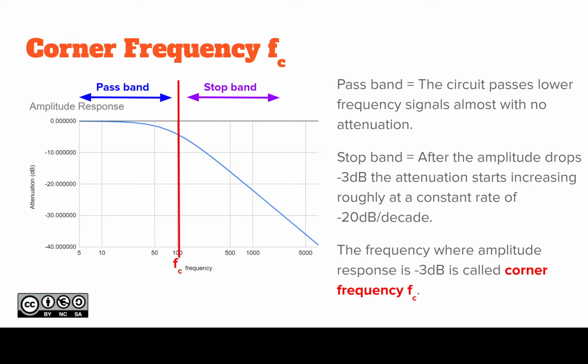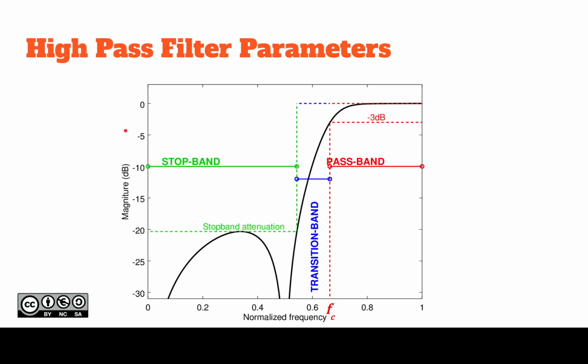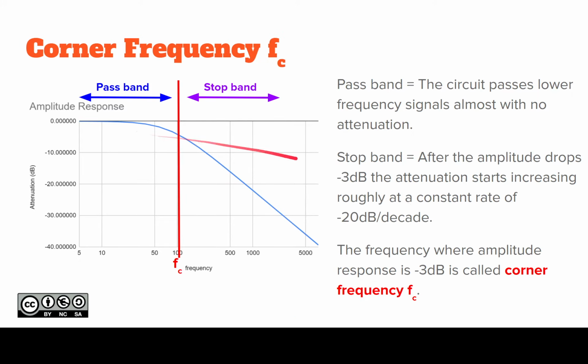So we have a pass band, stop band, and we have a cutoff frequency. And a couple of details here. There is virtually no attenuation here, at small frequencies. And then we have the stop band.